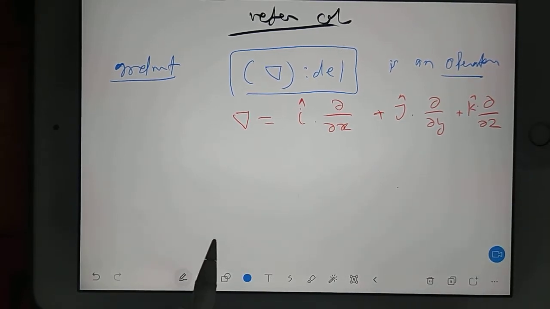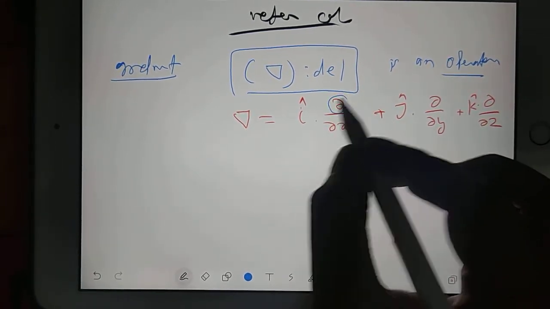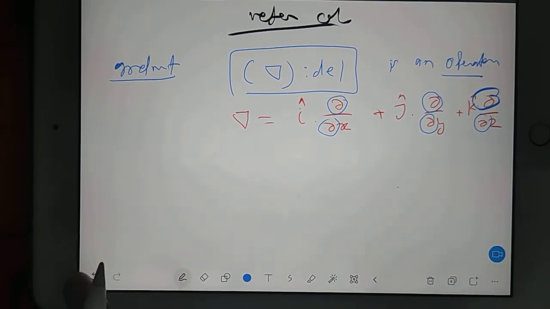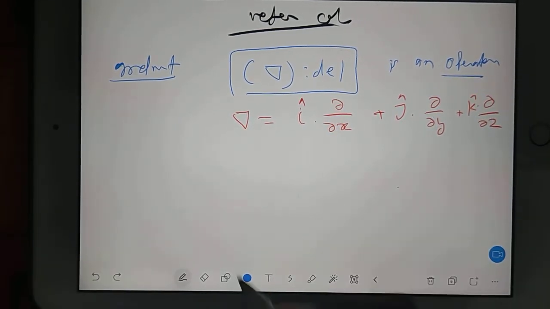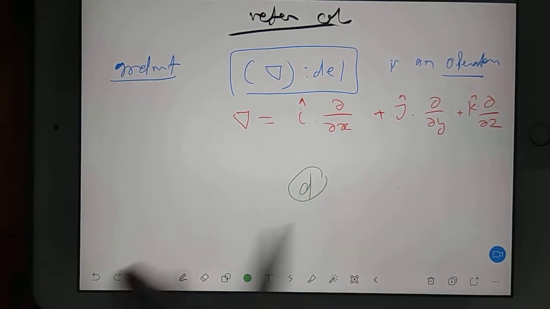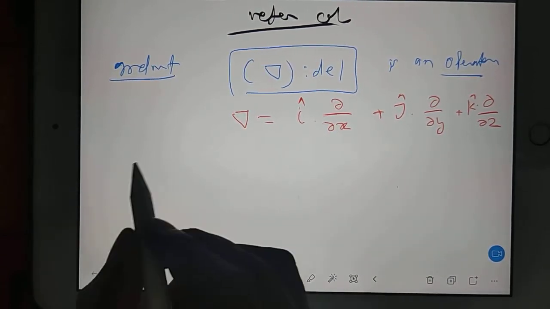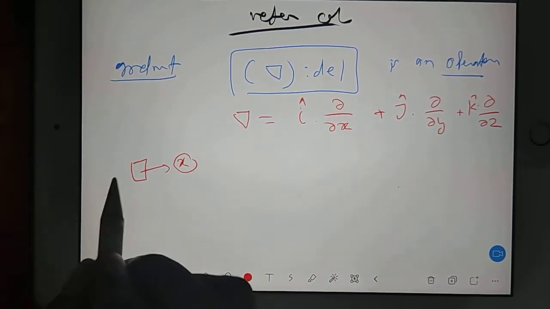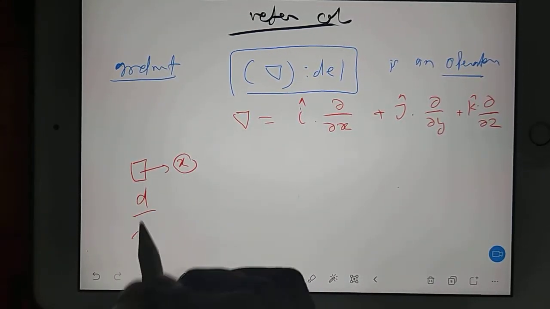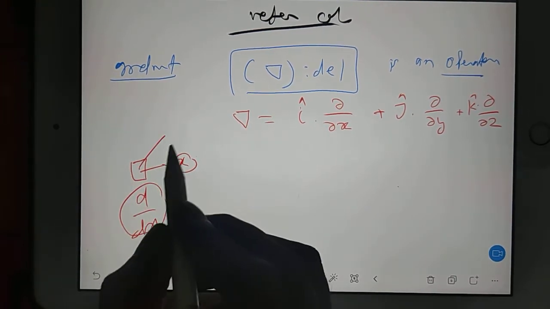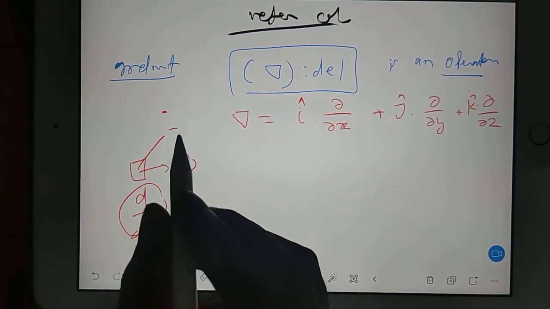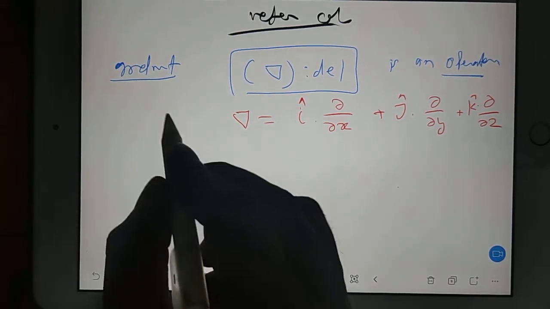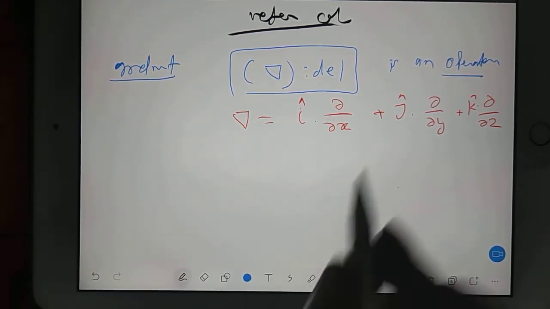Now the question: why are we using dou here, and why are we not using d? In the last class I told you, when your property depends on only one variable, you should use a small d, like d by dx. But if your property depends on x, y, z or many variables, then you should use dou. Very simple logic. That's why the del operator has dou.